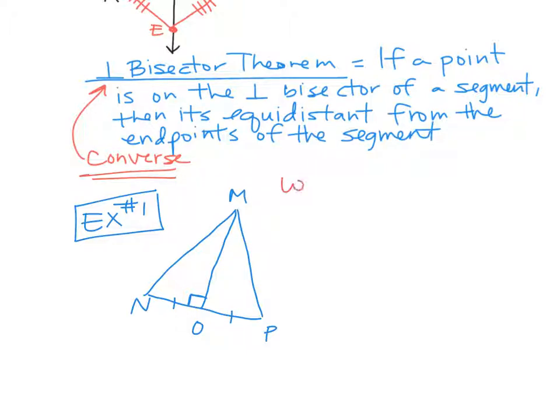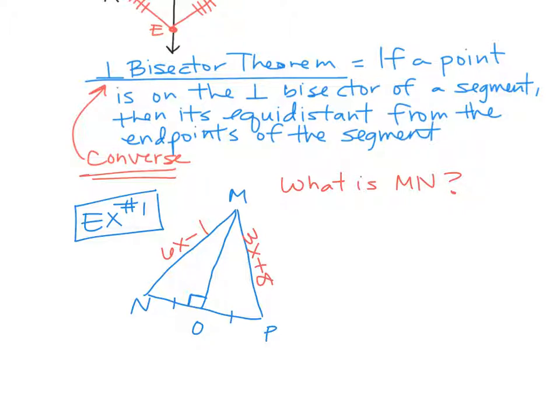Okay, and they're going to ask, what is the length of MN? And they give us this. This side is 6x minus 1. This side is 3x plus 8. So that's all our information.